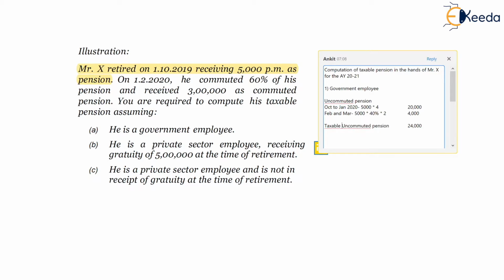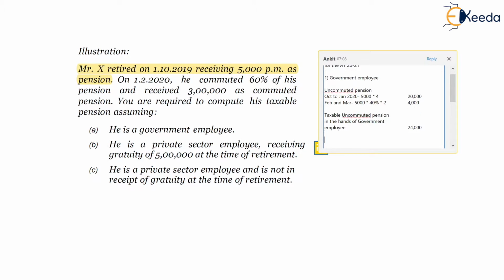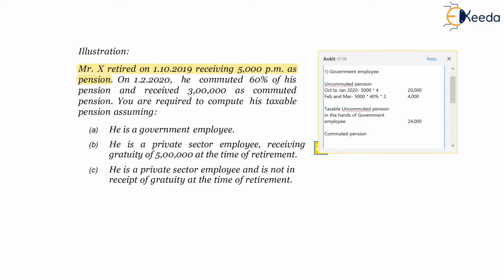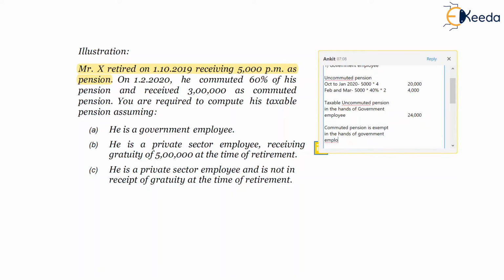So you can say taxable uncommuted pension in the hands of a government employee, right? Commuted pension is exempt in the hands of a government employee, and this is coming from section 10, clause 10A, subclause 1, right friends?